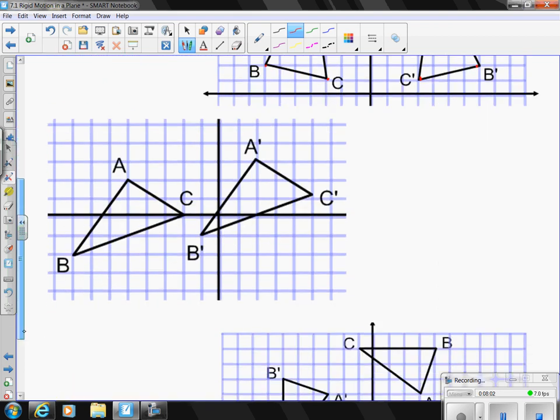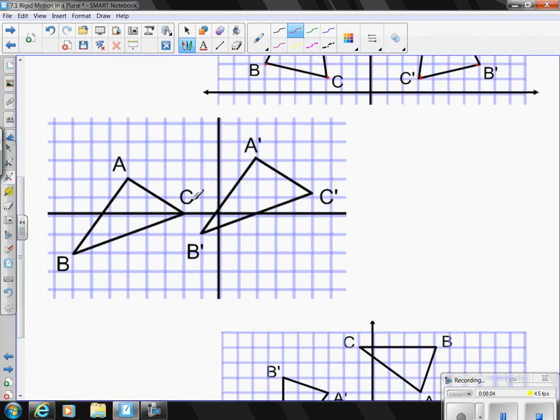Now the next one is a translation, because we are sliding the points. We're sliding the points over 7 units to the right and up 1 unit.